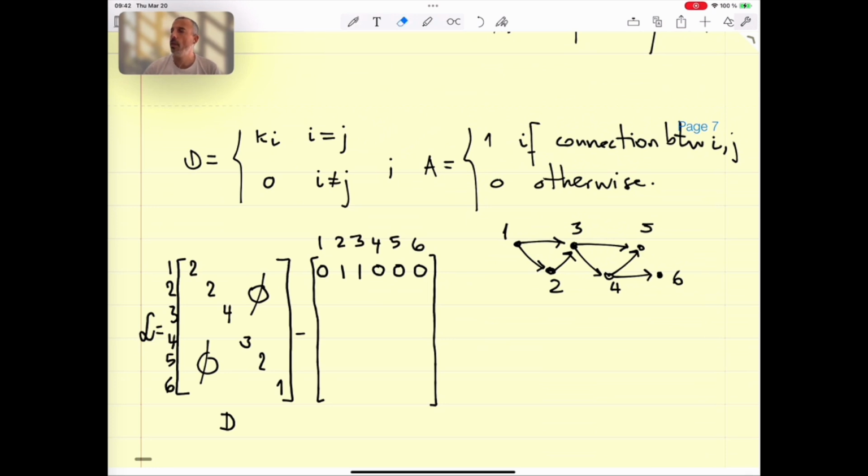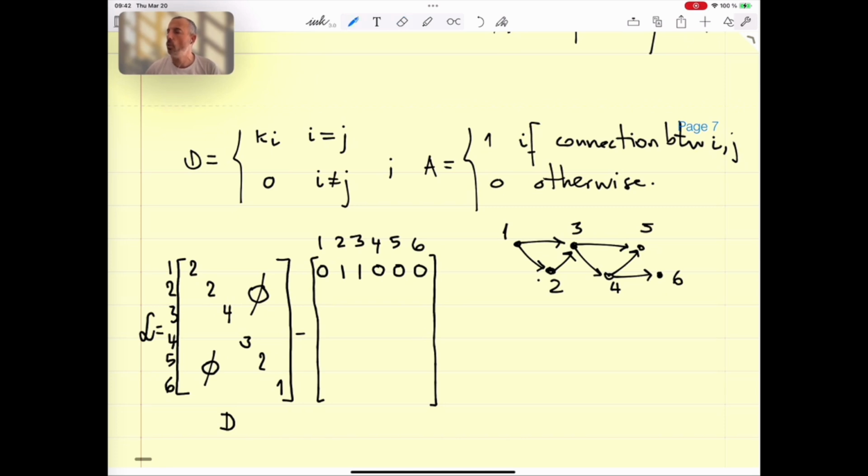Does anybody want to do the second row with me? No? All right. Well then, 2 has a relationship to 2, yes. 2 has a relationship to 3. Well, no, wait. Let me put it this way.